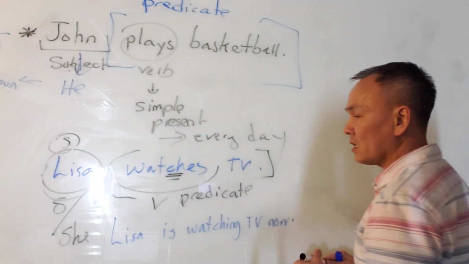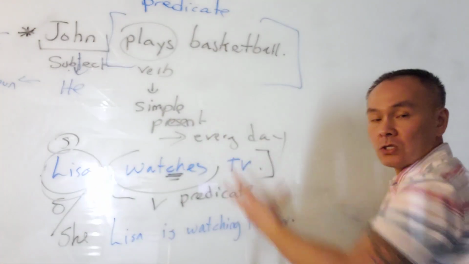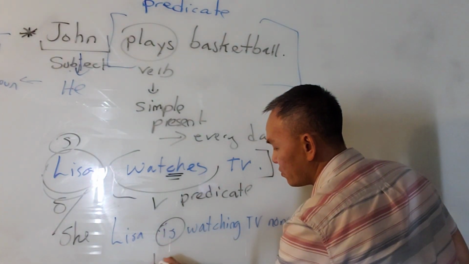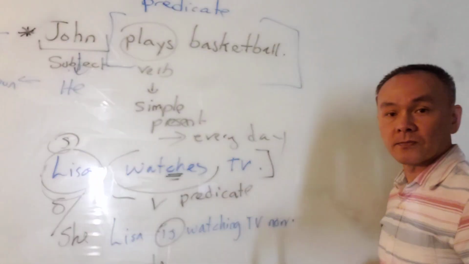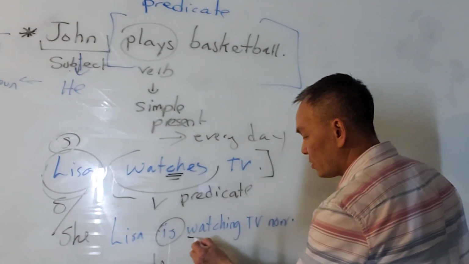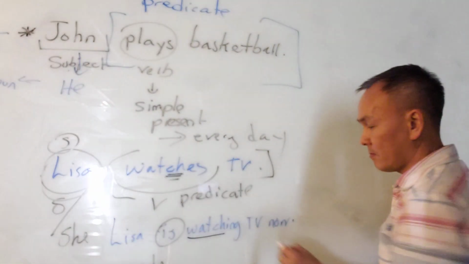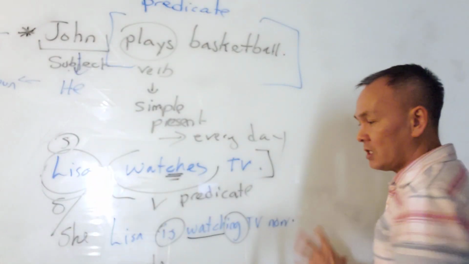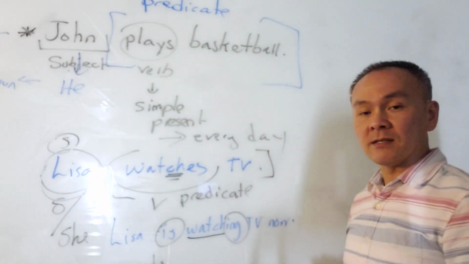So when you change a statement to present progressive, you have to make sure you use to be. Then you have to make sure that you have the main verb, and then you need to include ing. This will become present progressive.